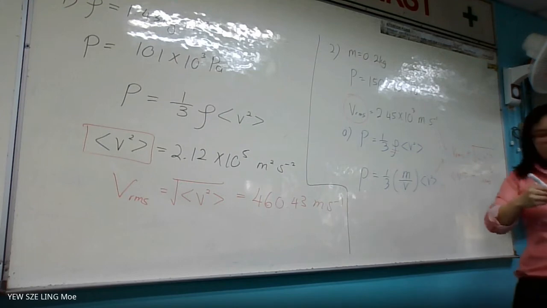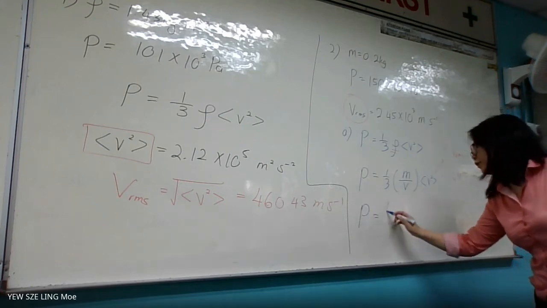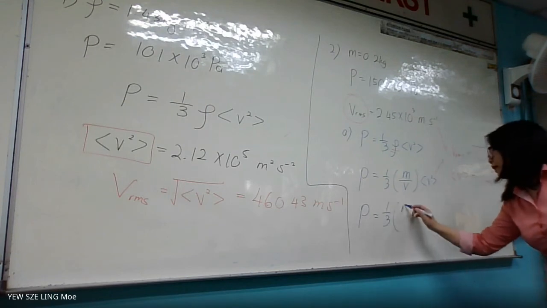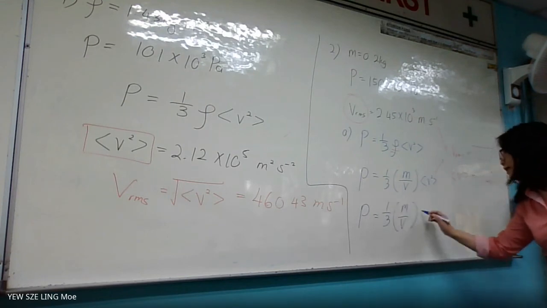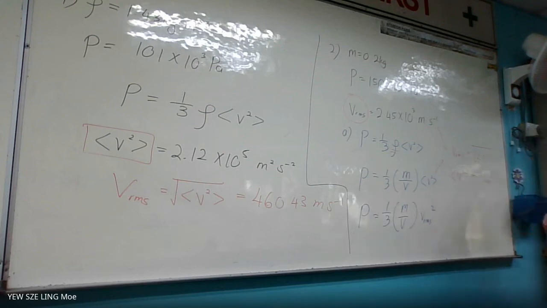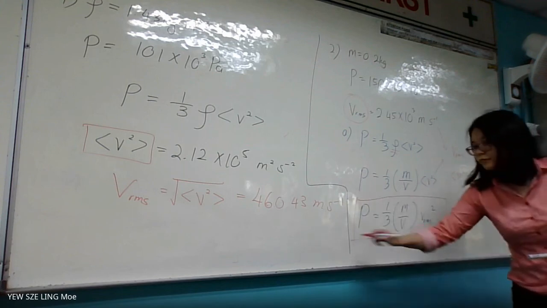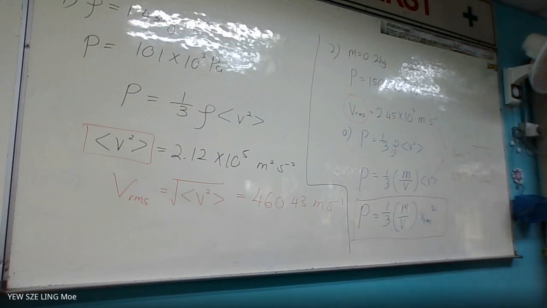So we can rewrite it as P equals 1 over 3 m over V times V_rms squared. This is the equation that we're going to use in question A. If you apply this equation, you should obtain V equals 2.67. So you try it.